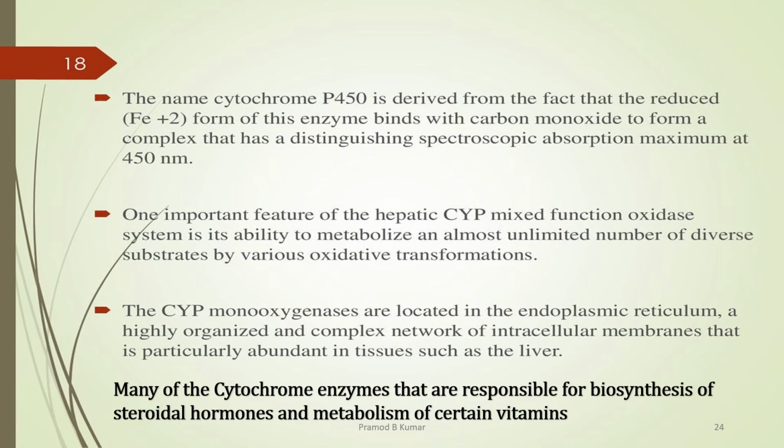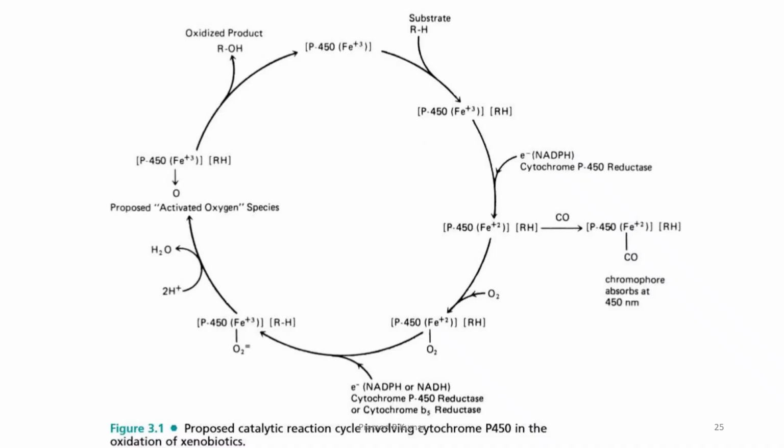Cytochrome monooxygenases are located in the smooth endoplasmic reticulum, a highly organized and complex network, and are particularly abundant in tissues such as liver and lung. This is also involved in the biosynthesis of many steroidal hormones and metabolism of certain vitamins. So this is the overall function.